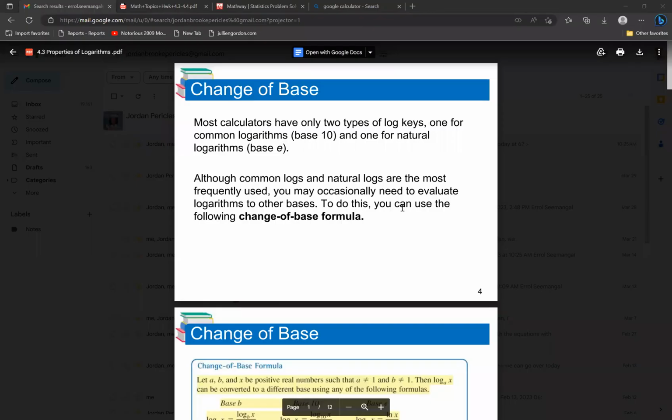Stop sharing that. Let me pull up that file you sent me the other day. Properties. Okay, so let me share the screen right here. Remember this from last week?